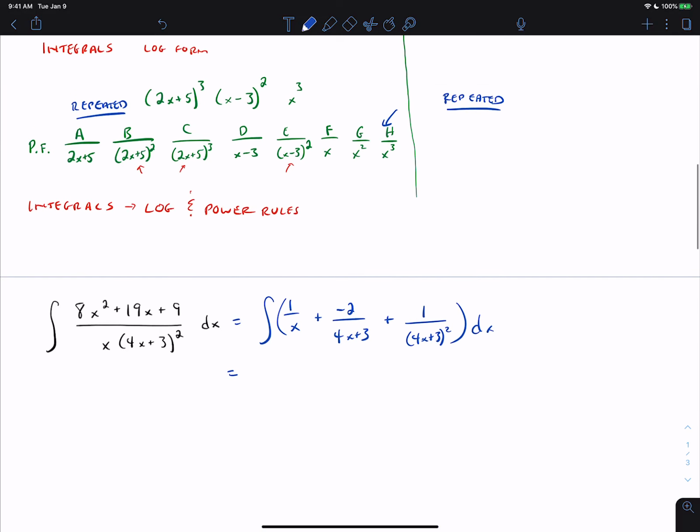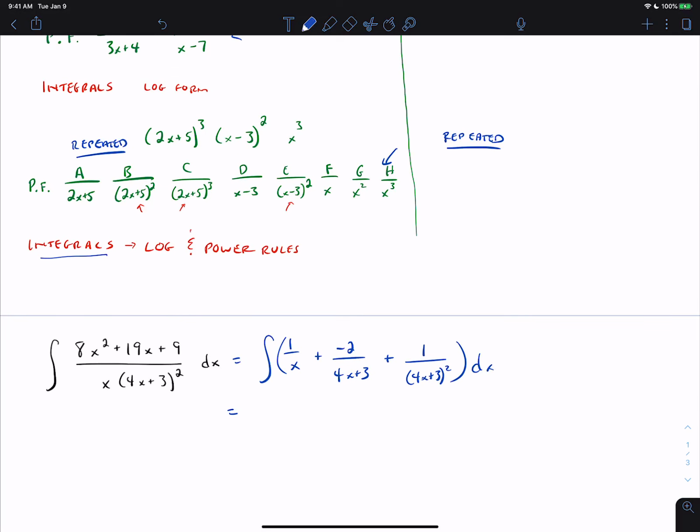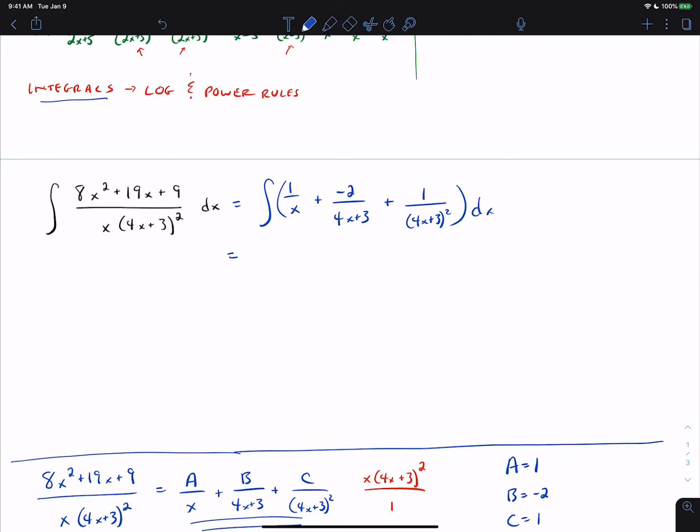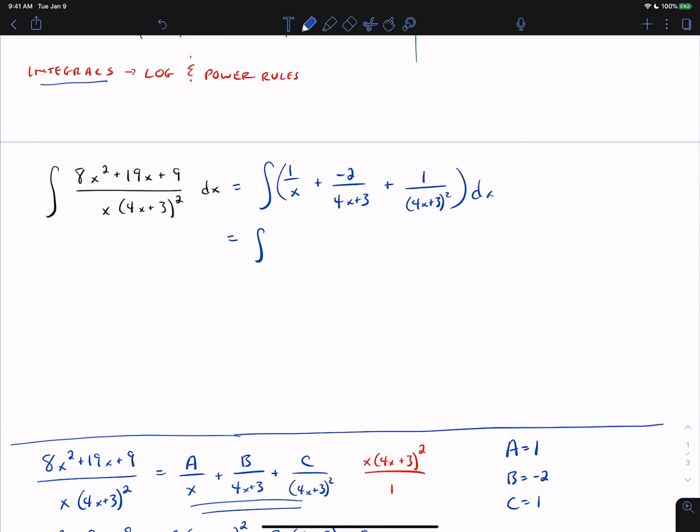Now, when I talk back up here about the integrals, I'm talking about how we handle these integrals now. Well, these are log and power rules. So if I split this up, I get 1 over x. That's the basic form for log. On the second problem, I get -2 times the integral 1 over 4x plus 3.